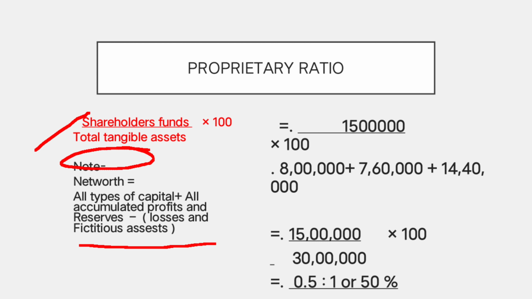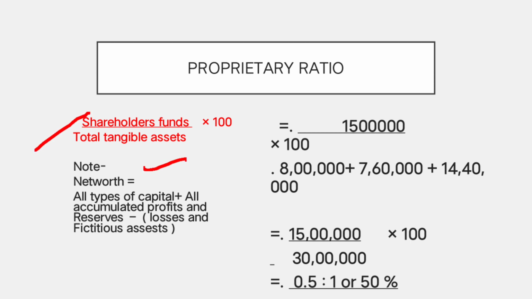If it is an accumulated loss, you have to minus it. If the profit and loss account is on the liability side, you add it; if on the asset side, you deduct it. Fictitious assets like preliminary expenses are also deducted. What we get is called net worth. They have given net worth directly, so no need of calculating shareholders' fund.